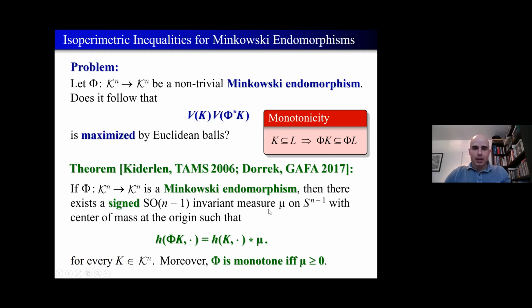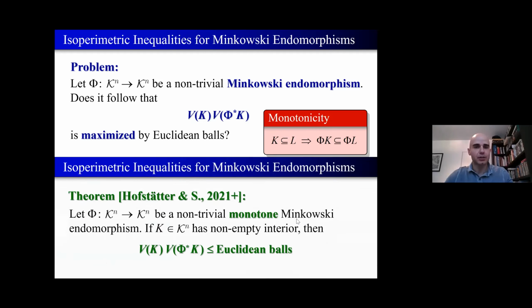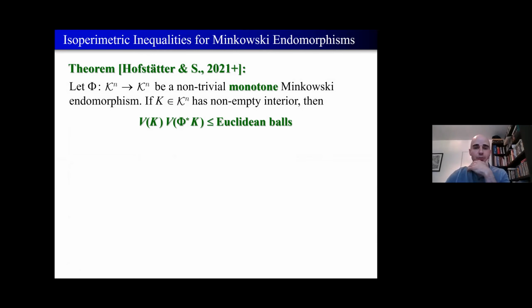Using this classification result, Georg Hofstätter, a current PhD student of mine, and myself were able to give a quite satisfactory answer to the problem that I posed before. Whenever you have a monotone Minkowski endomorphism, then this volume product of the polar volume is always maximized by Euclidean balls.